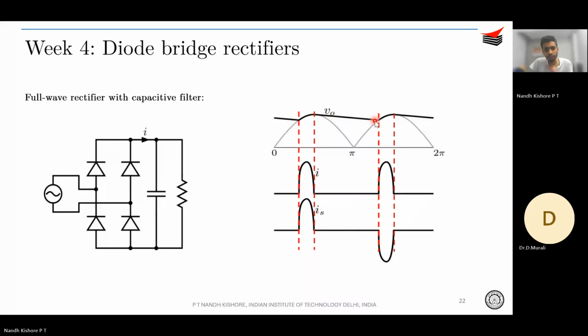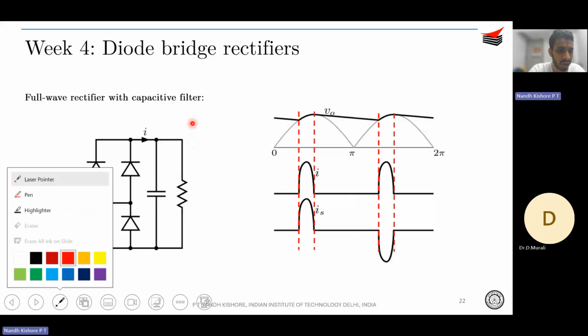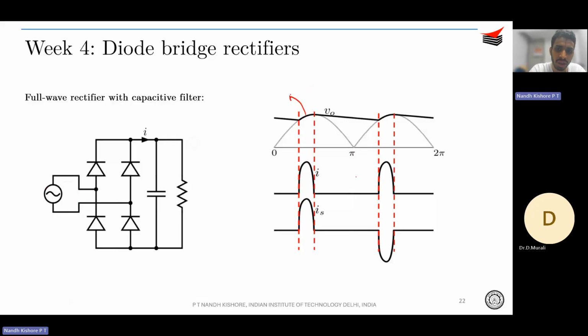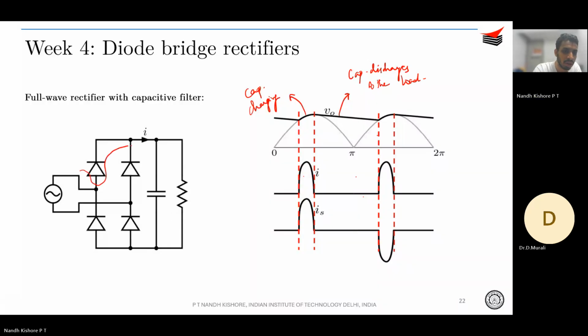So you basically have two intervals over here. This is your capacitor charging interval, and this is your capacitor discharging to the load. As I was saying, when the capacitor charges up, it will draw a peaky current, because there is no impedance in the circuit.